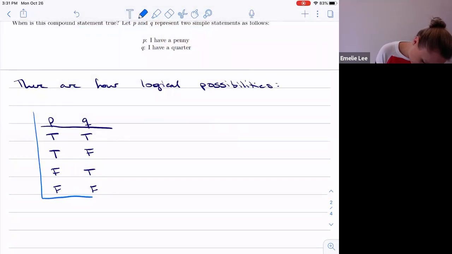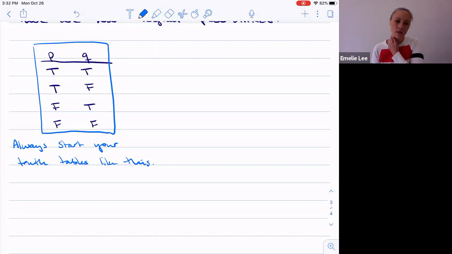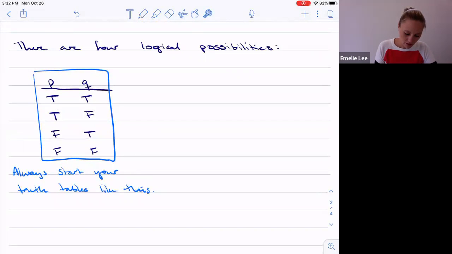So here, always start your truth tables like this. Just true, true, false, false, true, false, true, false.